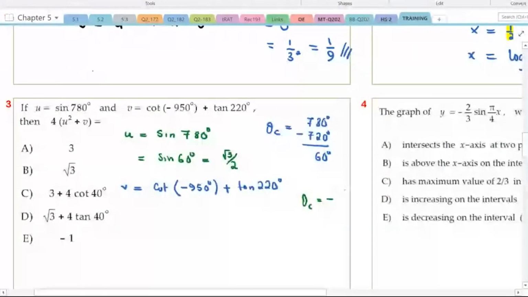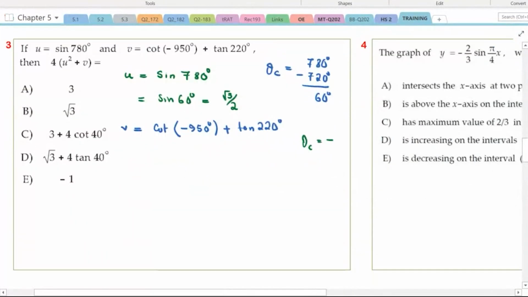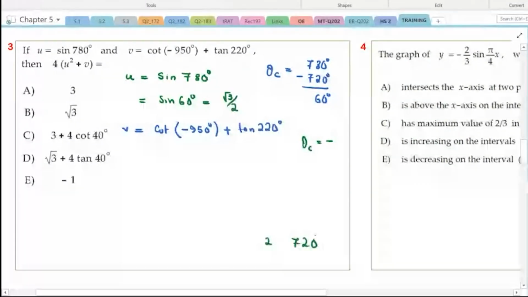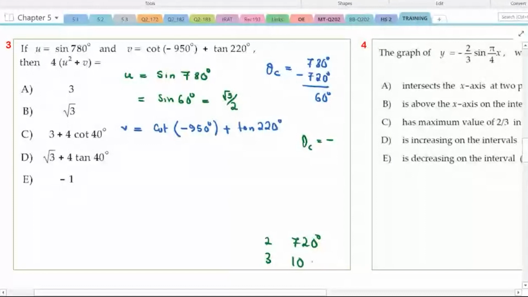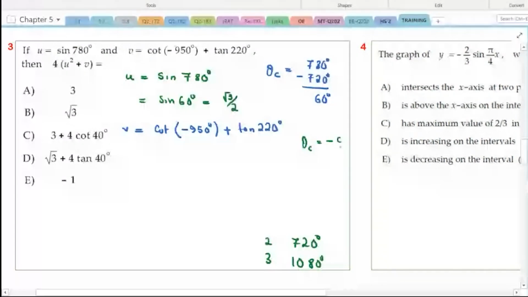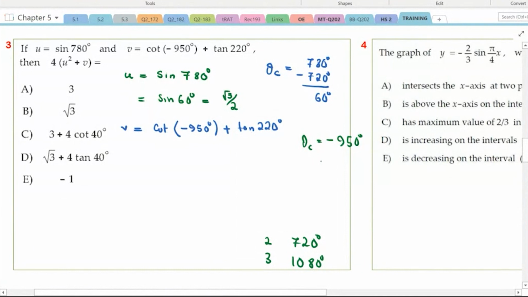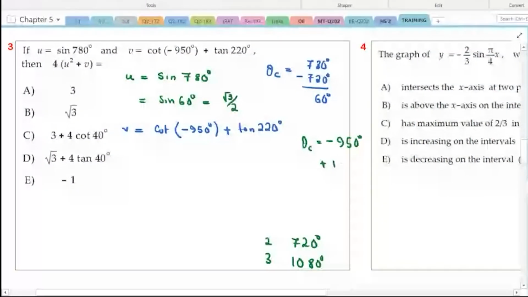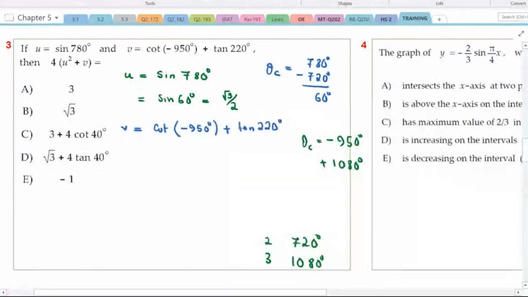minus, if we go around the circle 2 times, I said 2 times, it is 720. When you go 3 times, it's 1080 degrees, and you can continue going, gentlemen. So here we say minus 950 degrees. Now, because we go to the side, here is going to be plus 1080 degrees.